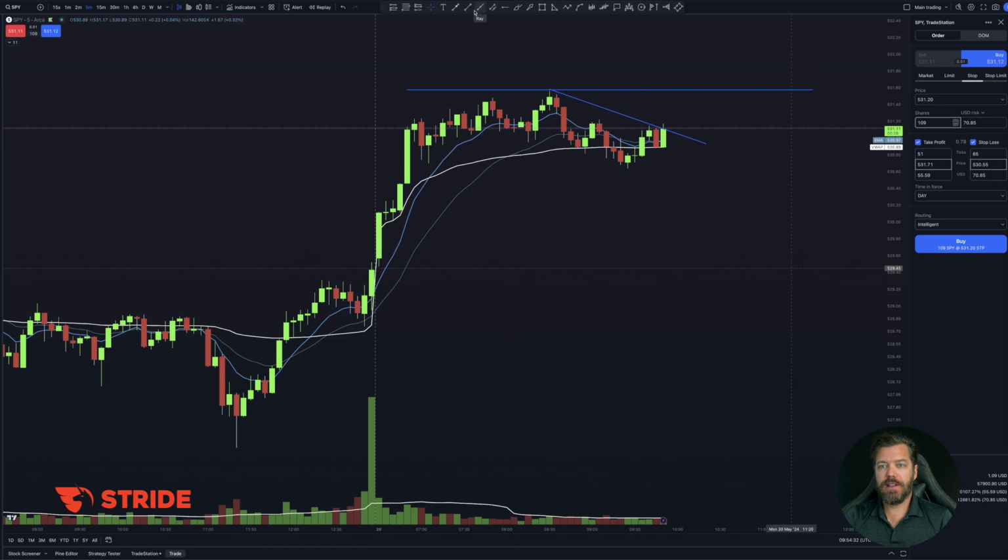So let's pretend that you like this channel here and you say, you know what, I prefer to wait that the price goes down here. I will be more comfortable buying if it goes and touches this support descending trend line. In that case, you can do it right away by entering a limit order this time.